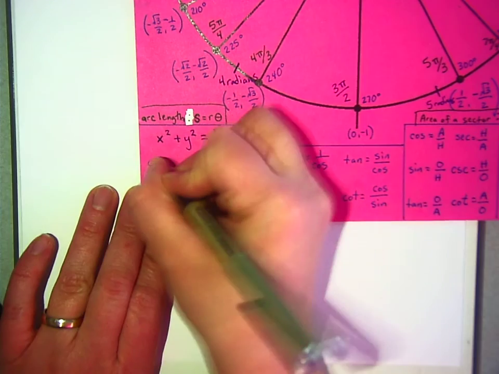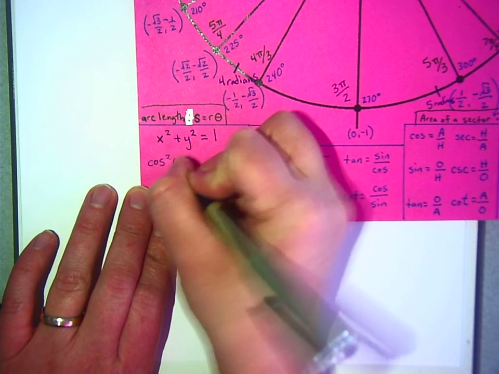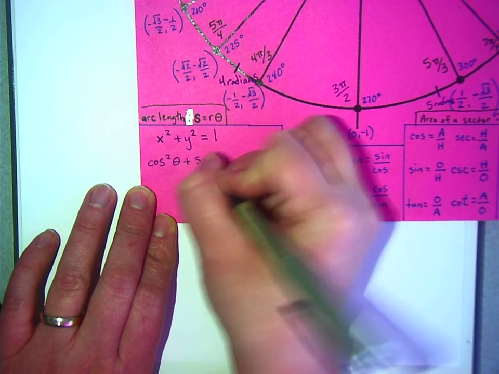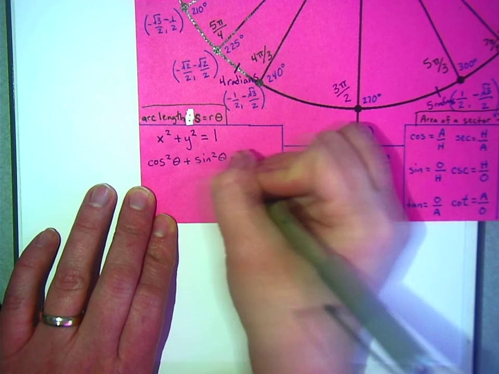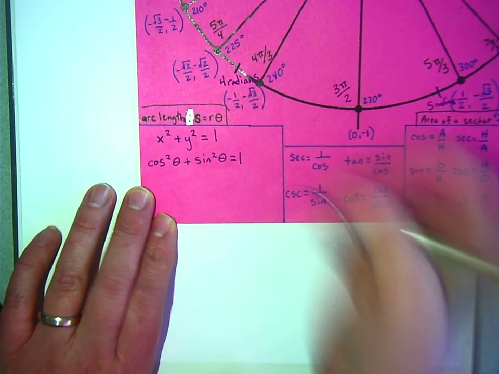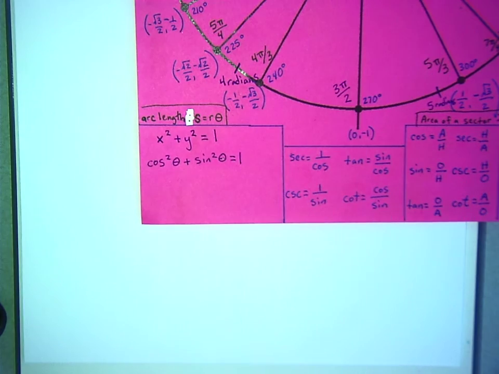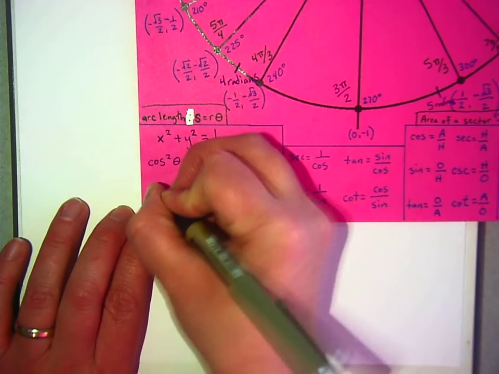And just so you remember what we're talking about, I'm going to write cosine squared theta plus sine squared theta equals 1. Now sometimes we end up replacing cosine squared theta with something. If I solve for cosine squared theta right now, what would I get?